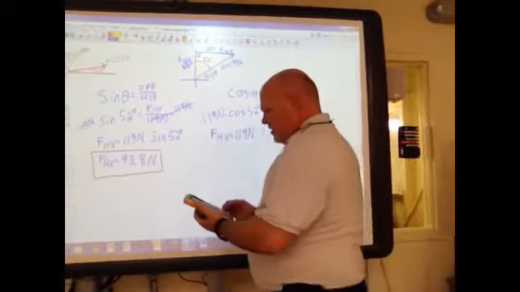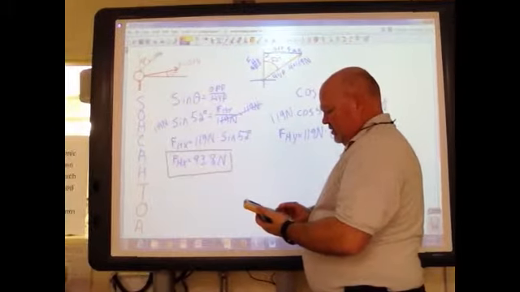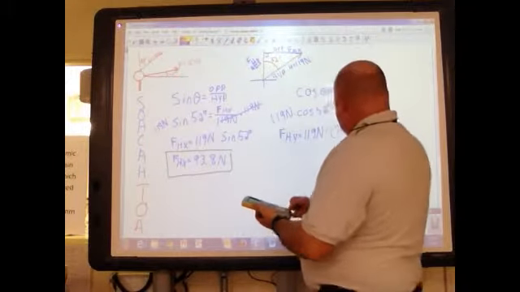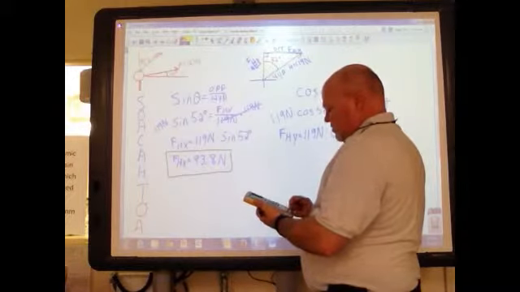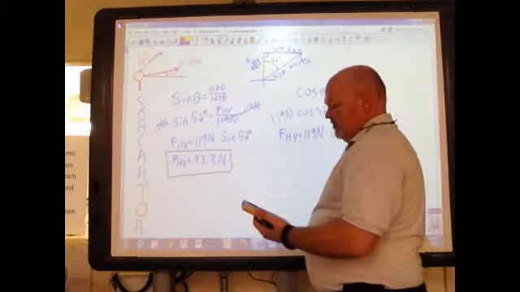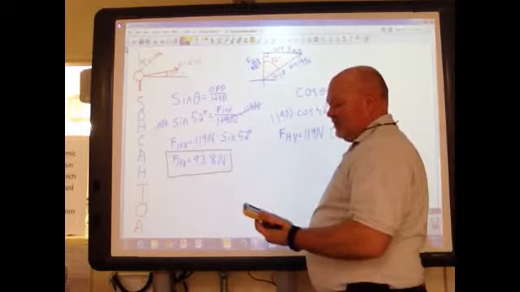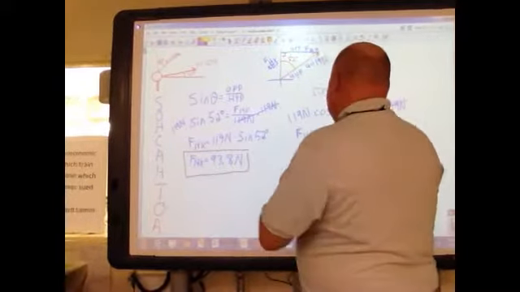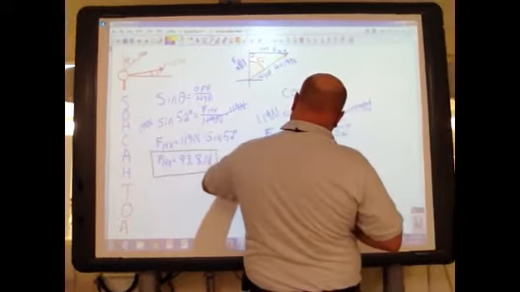If I type that into my calculator, I get 119 times cosine of 52, and that is going to be 73.26, which would be 73.3 newtons with our rounding.